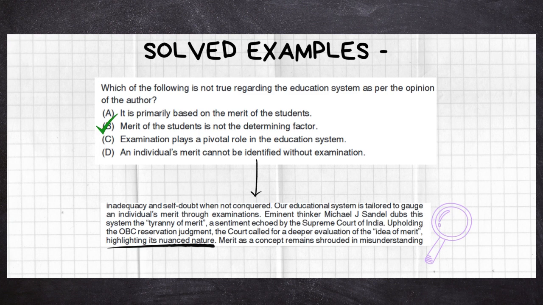It has been specifically mentioned in the passage that our education system is tailored to gauge an individual's merit through examinations. That leaves open the second option, which is the correct answer in this case. According to the author, merit should not be a determining factor, but it still is. Therefore, the second statement must be false.